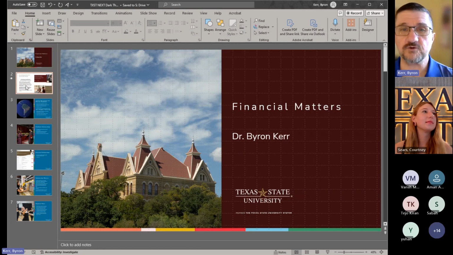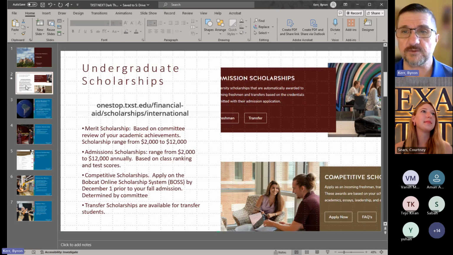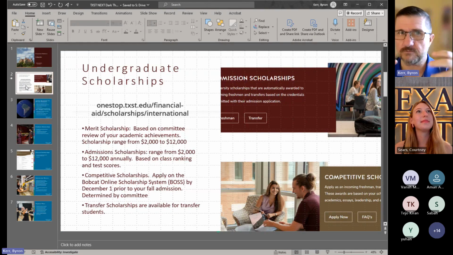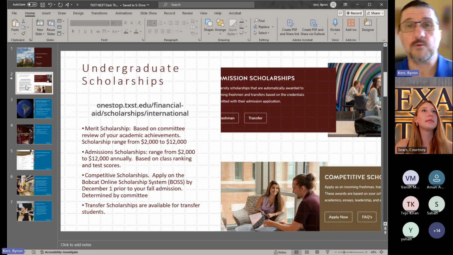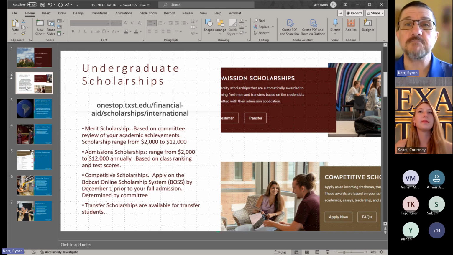So first things first, let's talk about undergraduate scholarships. Undergraduate scholarships come in two basic fundamental categories. The first one is sort of this admissions type scholarships. These admissions type scholarships are driven through the admissions intake process.